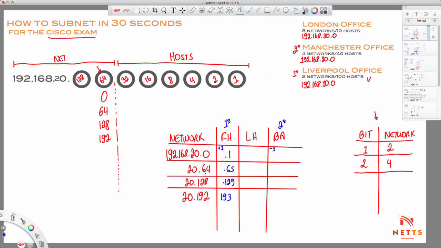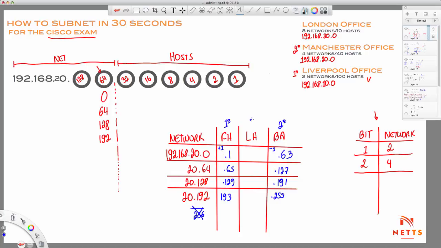So the next network, 64 minus 1, 63. 128 minus 1, 127. 192 minus 1, 191. And remember the last one in here, the one which does not exist, the 256, minus 1, 255. Okay, this one does exist.